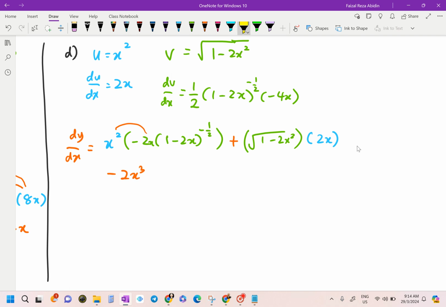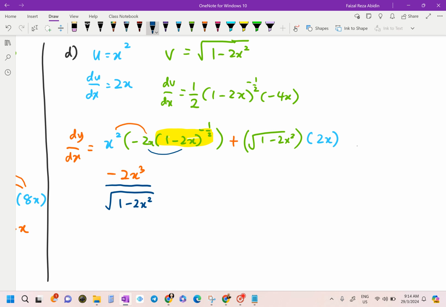And for this one, I'm going to put it as a fraction, because the indices here is negative 1 over 2, so square root, right? So I'm going to get everything there as 1 over 2x squared, right? Because we are going to get negative 2x with 2x, you're going to get negative 2x squared. This one, right?